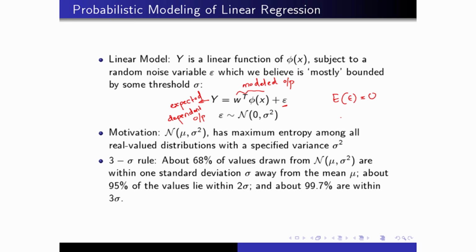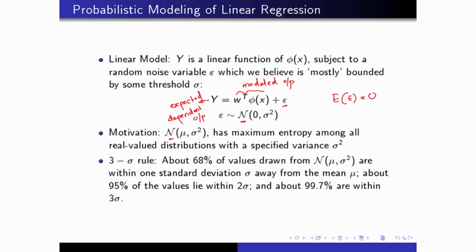So is there a distribution that gives us a nearly bounded epsilon? Yes, the normal distribution does. So you can show that the normal distribution N(mu, sigma square) follows a very interesting rule called the 3 sigma rule, which is 68% of values drawn from this normal distribution are within one standard deviation from the mean mu. 95% lies within 2 sigma and about 99.97% are within 3 sigma.